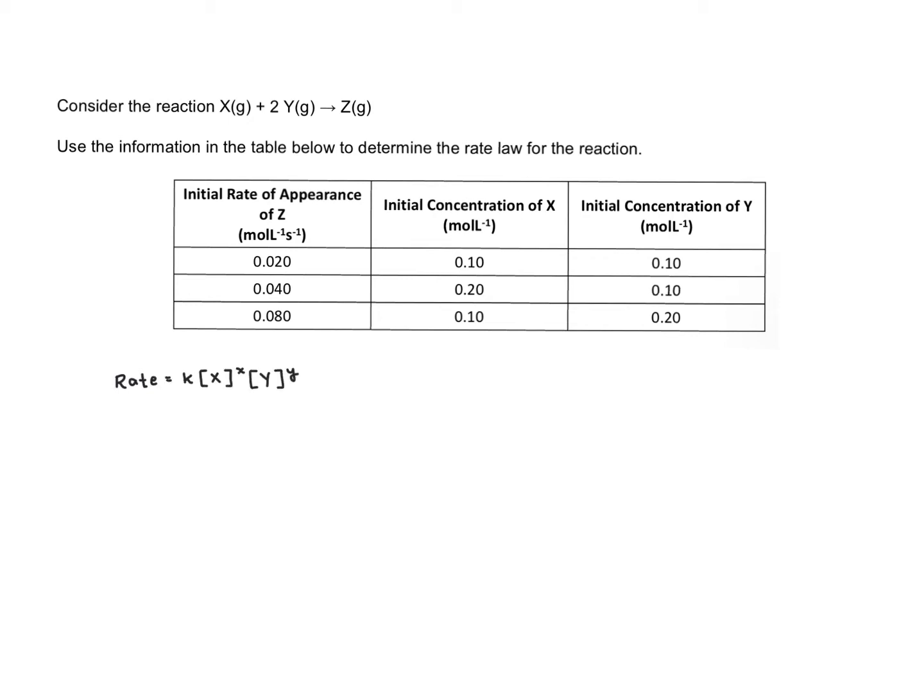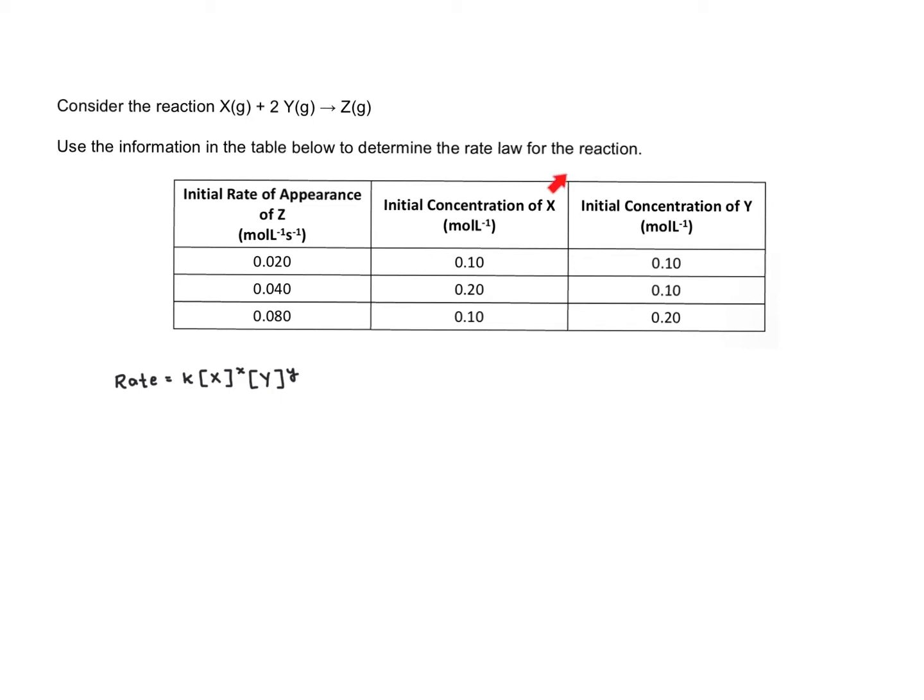So for this reaction, our rate will equal k, our rate constant, times the concentration of X raised to some exponent, times the concentration of Y raised to some exponent. Now these exponents are not necessarily related to the coefficients. So we have to determine the value of x and y using experimental data.